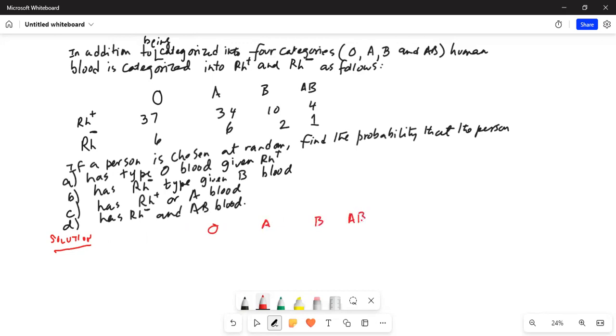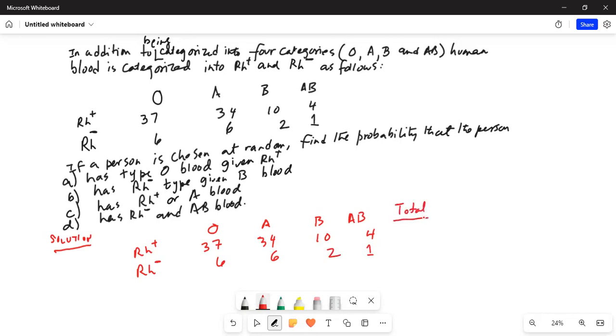These data are in columns. And then I have two rows of data. Rh plus, which under O is 37, then 34, then 10, and then 4. And Rh minus is 6, 6, 2, and 1.